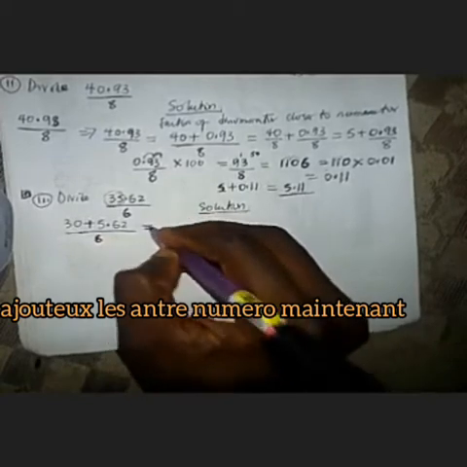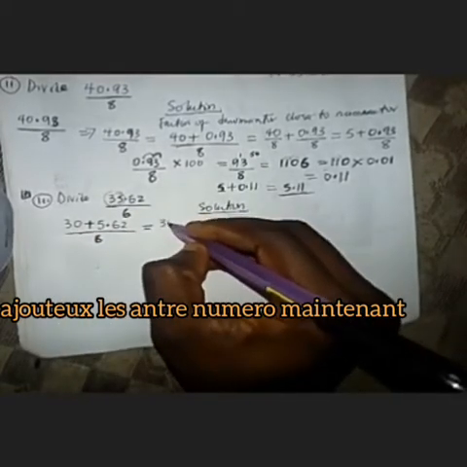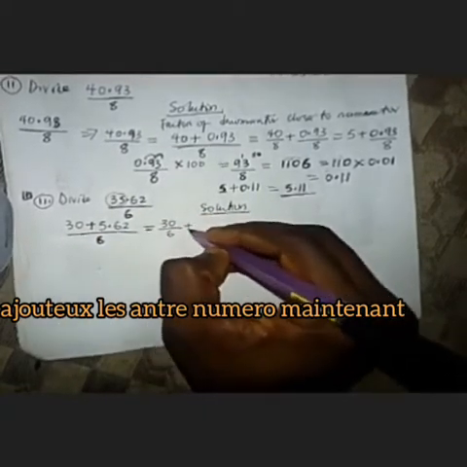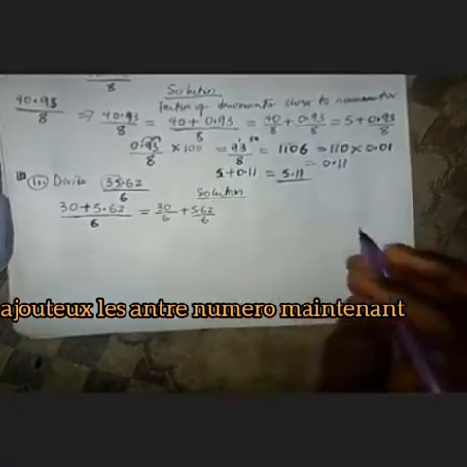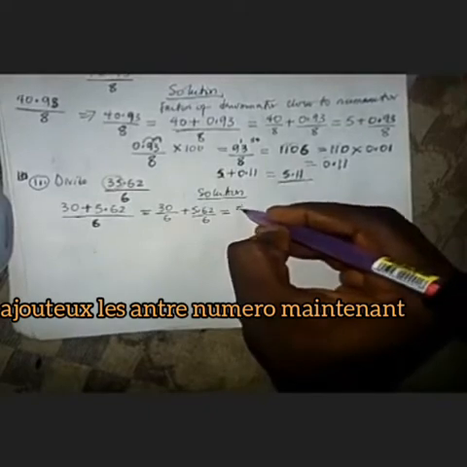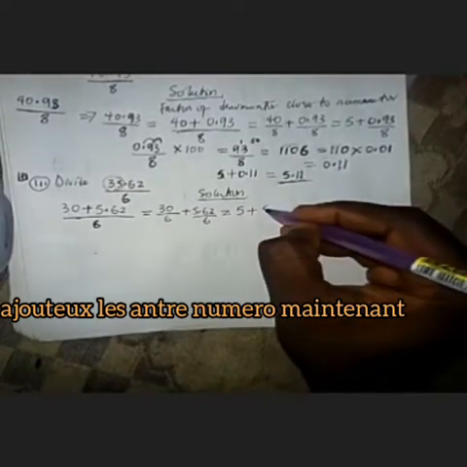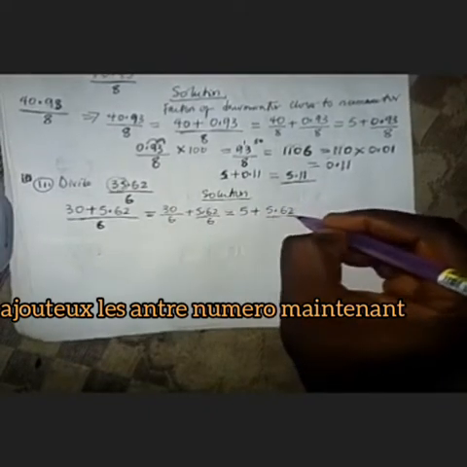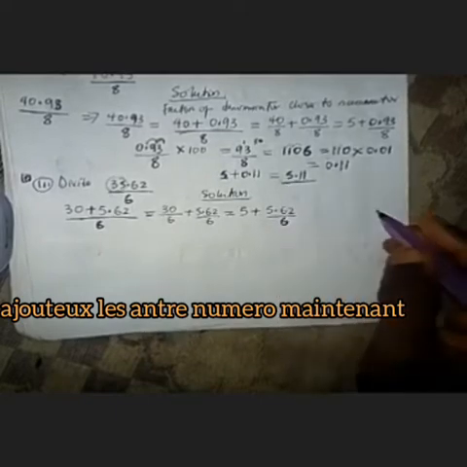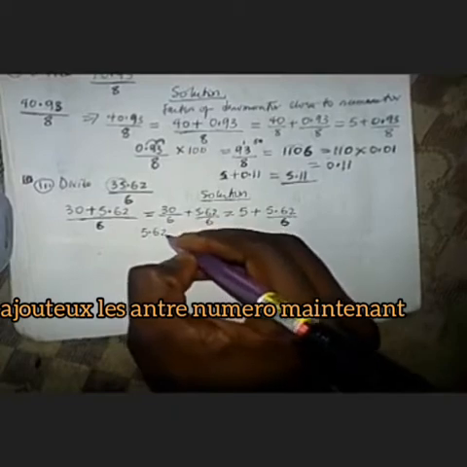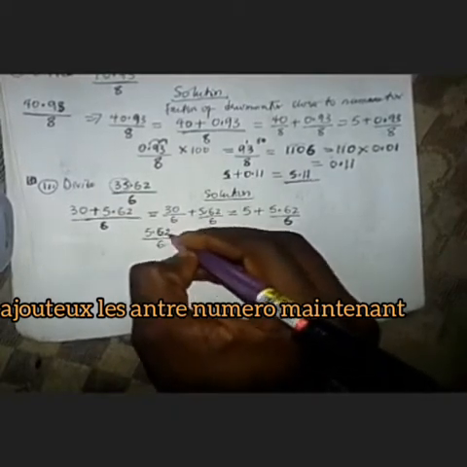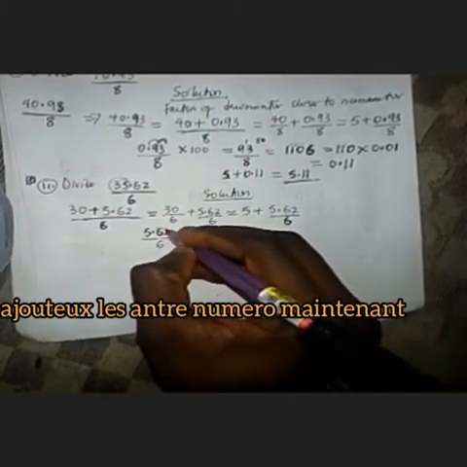You now split it into 2: 30 over 6 plus 5.62 over 6. So that will be 5 plus 5.62 over 6. Again, this 5.62 over 6 is not something that is possible like that.